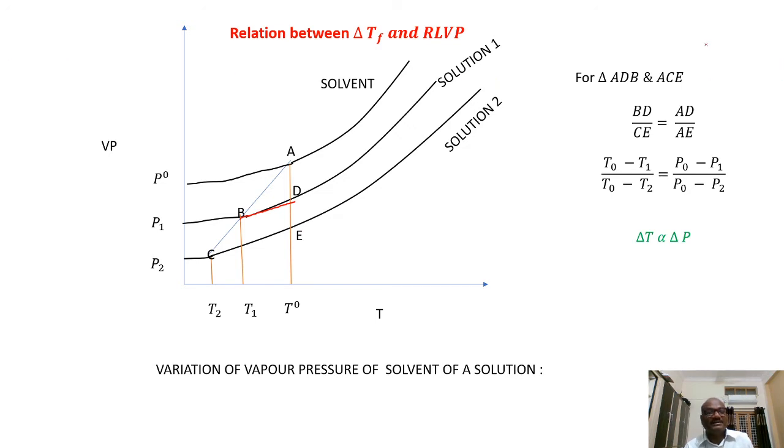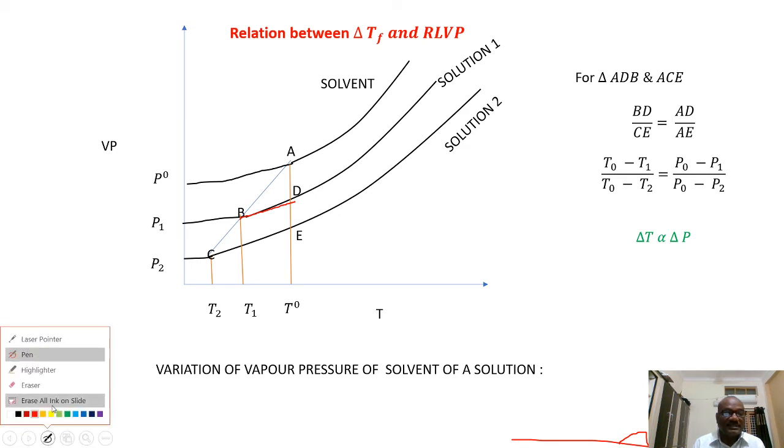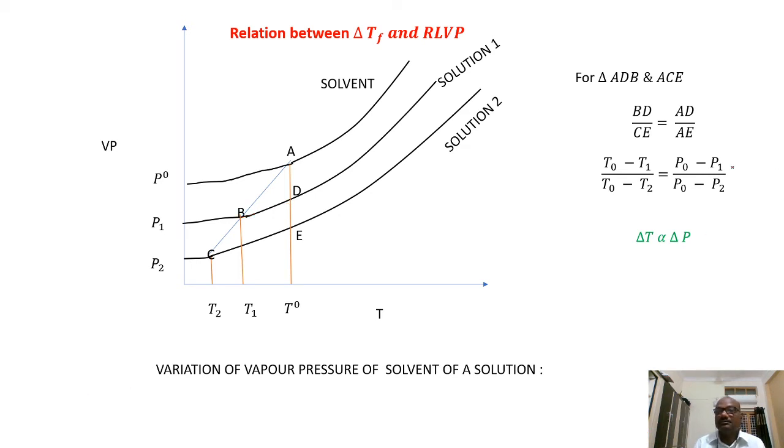Similarly, T0 minus T2 is the depression of freezing point of the second solution. P0 minus P1 is the lowering of vapor pressure of the first solution, and P0 minus P2 is the lowering of vapor pressure of the second solution. Means delta T1 divided by delta T2 is equal to delta P1 divided by delta P2.